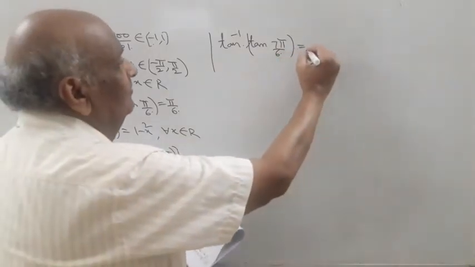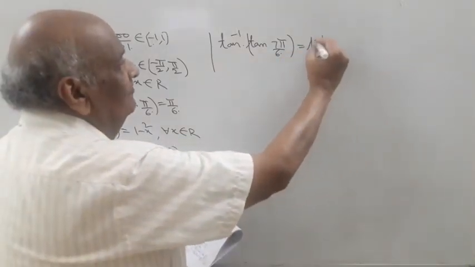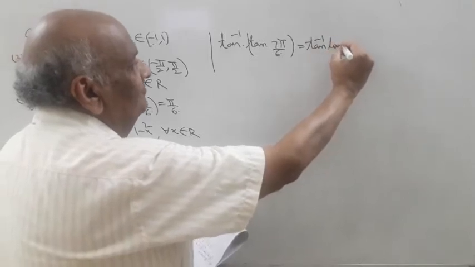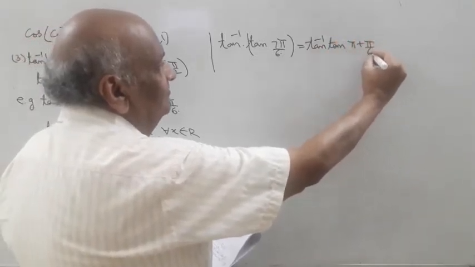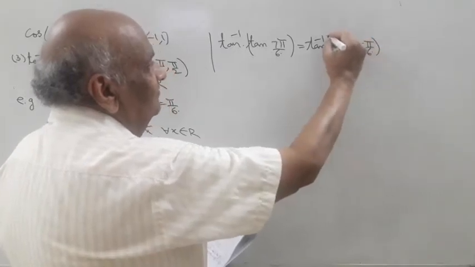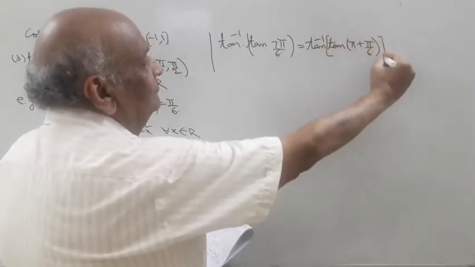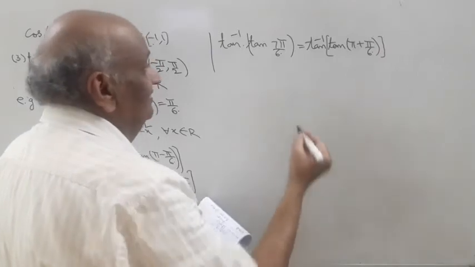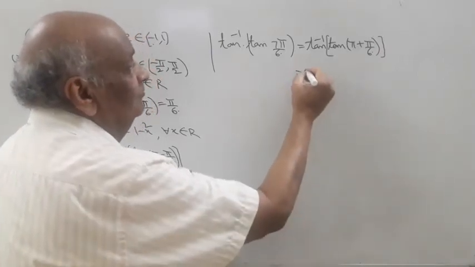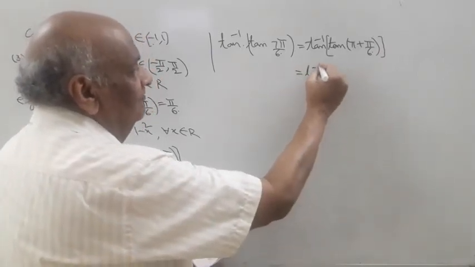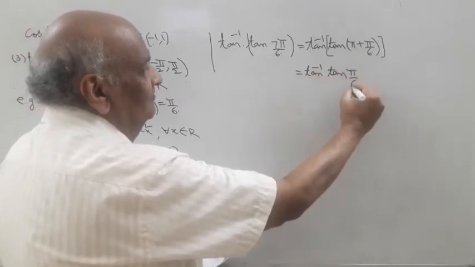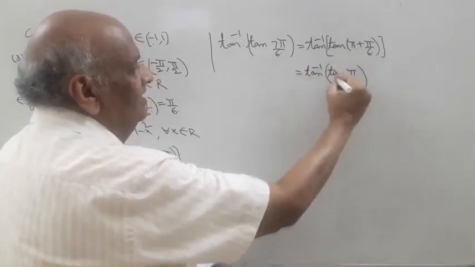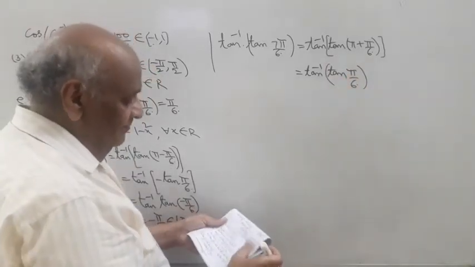That becomes equal to tan inverse of tan of pi plus pi by 6. Check please, tan inverse of tan of pi plus pi by 6 is equal to tan inverse of tan pi by 6, you know, tan of 180 plus theta.